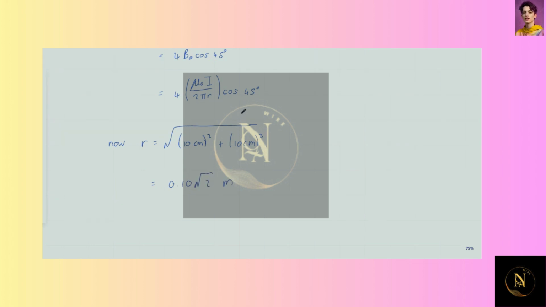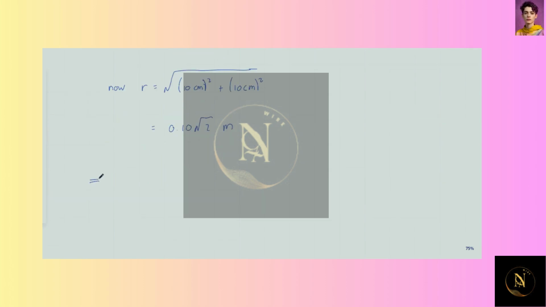So we can put this value into the expression for the magnetic field, and we can find the magnetic field B to be 4 times mu naught, which is 4 pi times 10 to the minus 7 Tesla meter per ampere, that's SI units, multiplied by the current I, which is 100 amperes, divided by 2 pi times the distance to the center of the square, 0.1 times the square root of 2 meters, and all this multiplied by the cosine of 45 degrees.